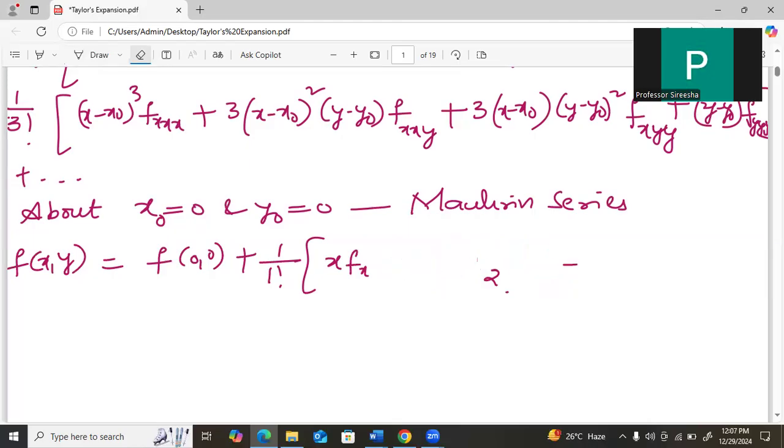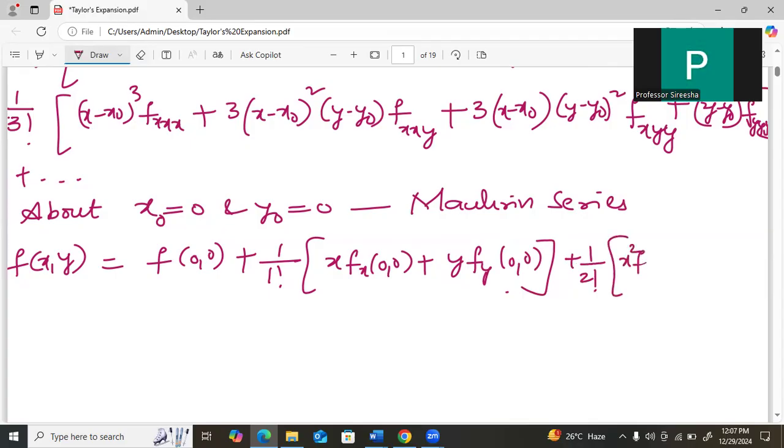Because I am supposed to be putting the point 0 comma 0 as well, right? Okay. Fx at 0 comma 0 plus y into fy at 0 comma 0. When you are asked to expand, you will be using this formula. When you are asked to write in the powers of x minus 1, x minus a and y minus b kind, then you'll be using the first formula. Okay. I hope I'm clear. I'll repeat it anyways in the problem.